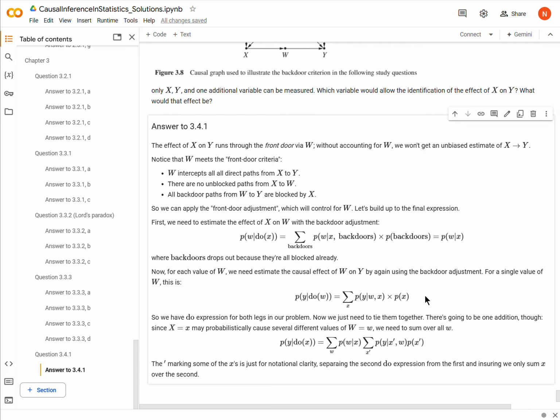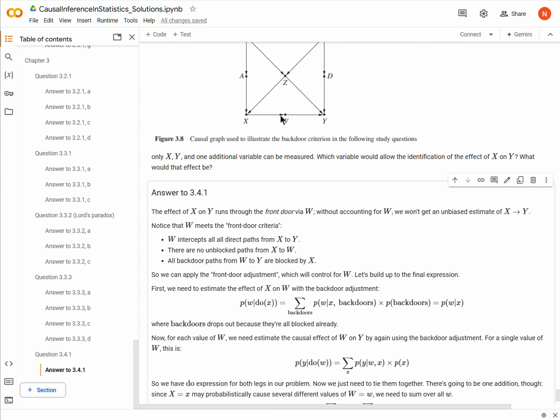with one added complexity: we want to account for all values of w. If x is whatever value it is, it will probabilistically determine the value of w. Any value of x could lead to different values of w in a probabilistic manner, so for any value of x, some values of w are going to be more and less likely.